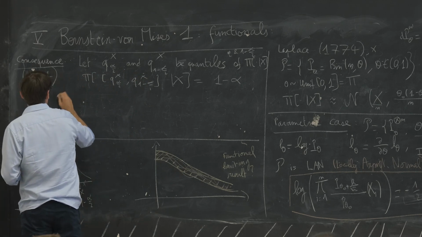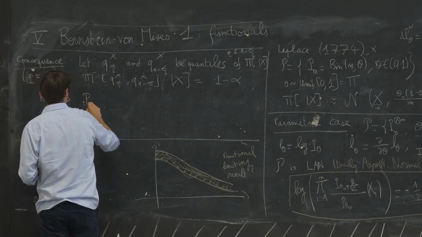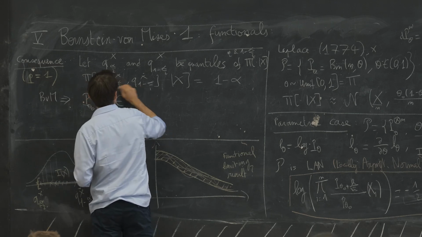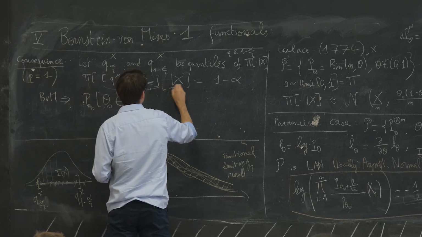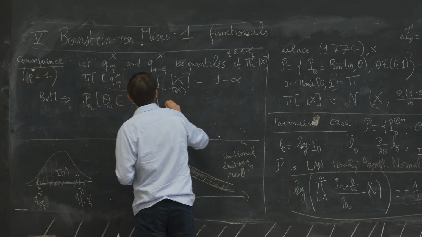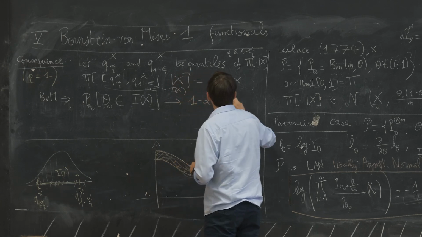If you have BVM, that implies that it is actually a confidence interval. If I call this again I of x, the frequentist probability that you are in I of x goes to 1 minus alpha as n goes to infinity.